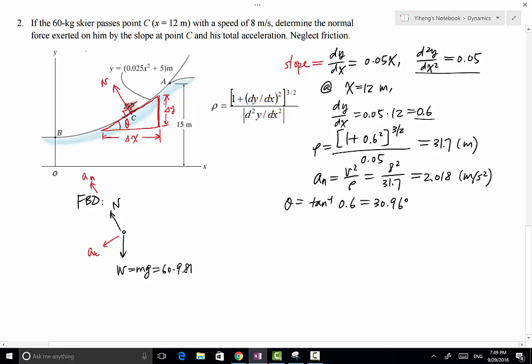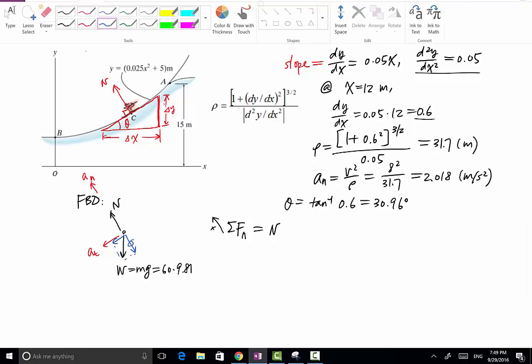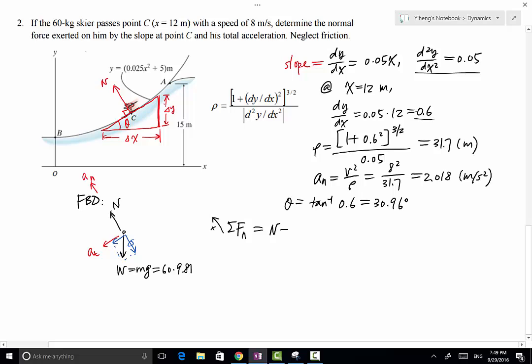So now we're ready. Resultant force along the normal direction, which is in this direction, equals, normal force is along the normal direction, and our weight force can be resolved into these two components. This component right here equals negative weight force times cosine theta, which is n minus 60 times 9.81 times cosine 30.96 degree.